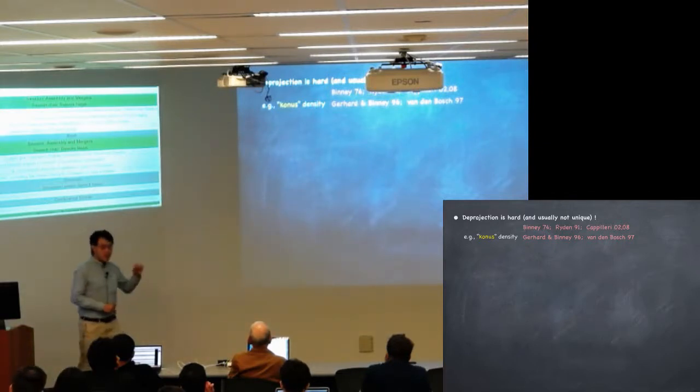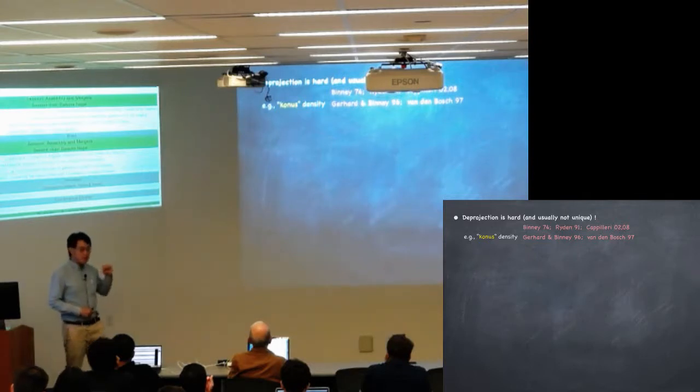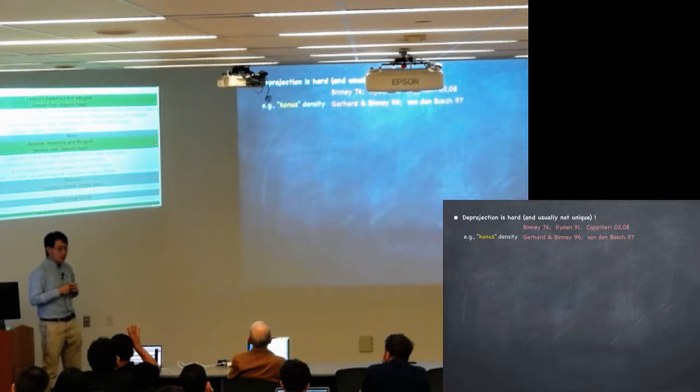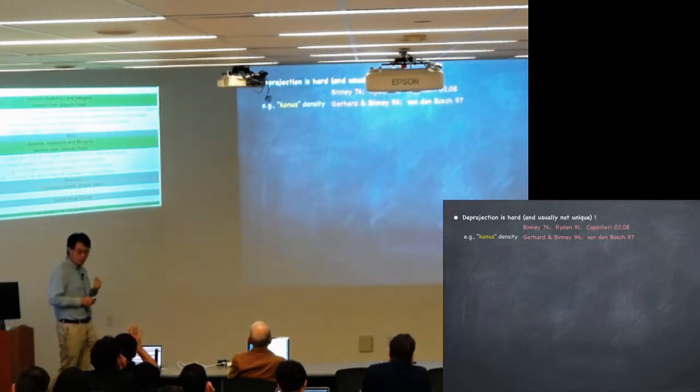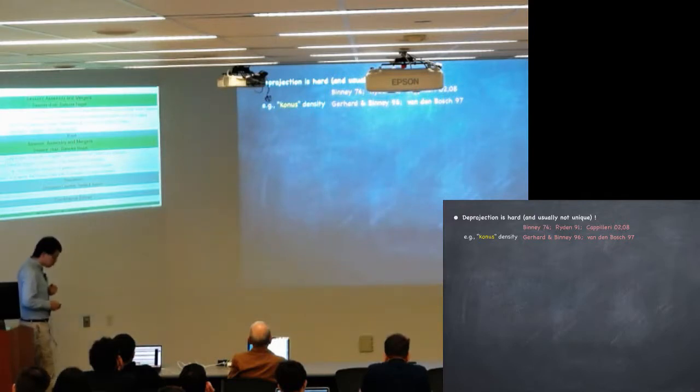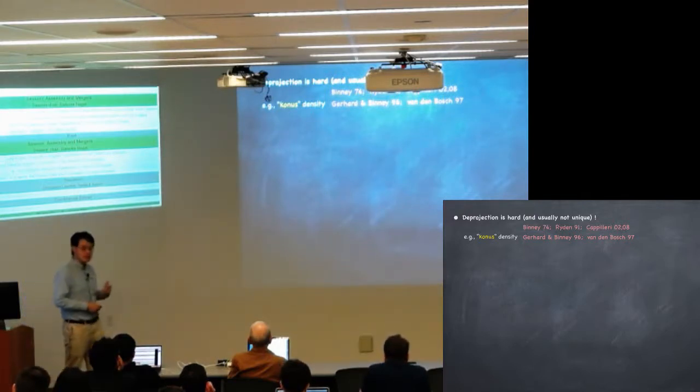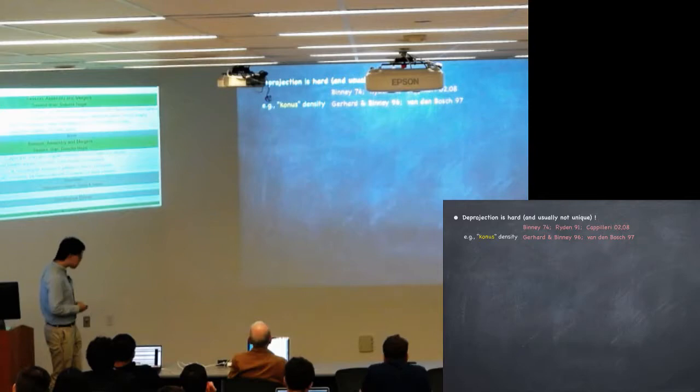So the extent of conus density is minimized only when you are perfectly edge-on and when you are perfectly oblate. You can circumvent this conus density by assuming some density profile for the galaxies.